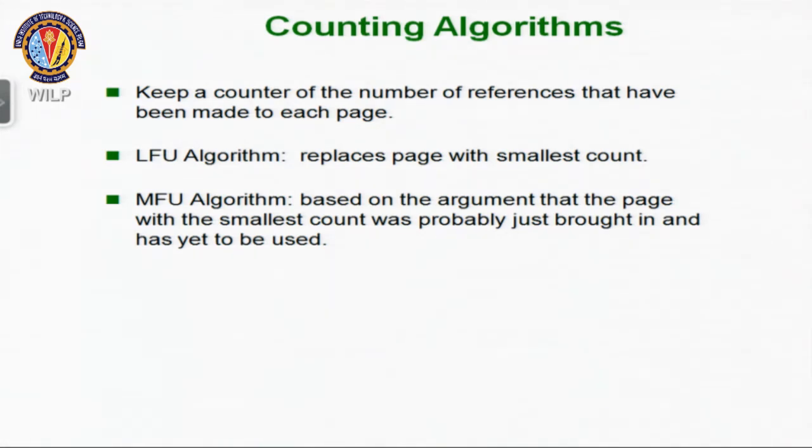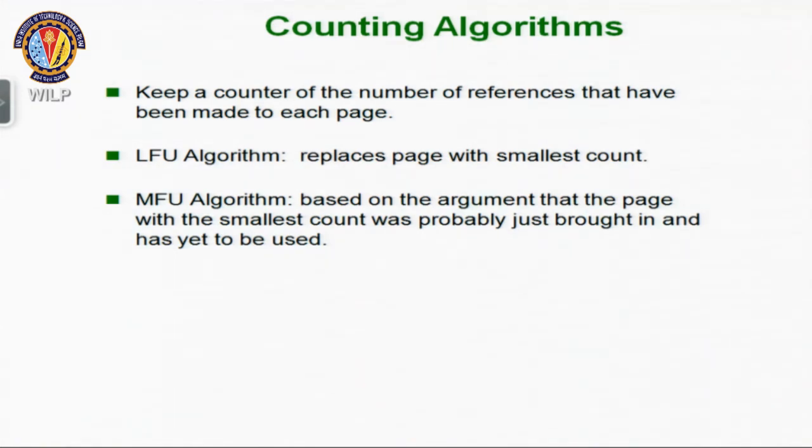But if such an algorithm is implemented, it would suffer from a drawback. There is every likelihood that a particular page has been brought into memory more recently, and therefore its reference count is very small, whereas there is a page which was brought into memory a long time back, and when it was brought it was accessed a lot, and after that it has not been accessed in the last 1000 references.